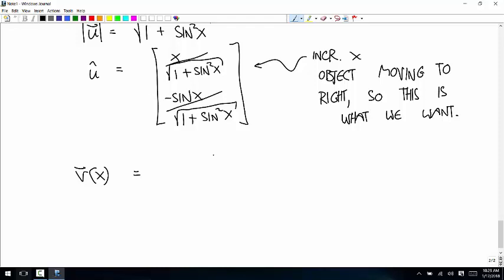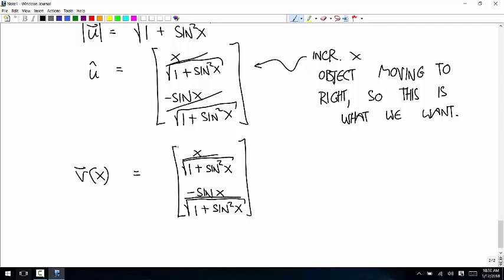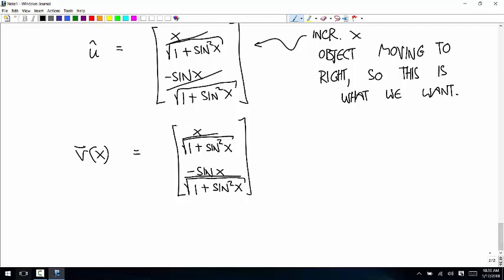So this is the velocity vector. And now this is the step where things can get pretty ugly.